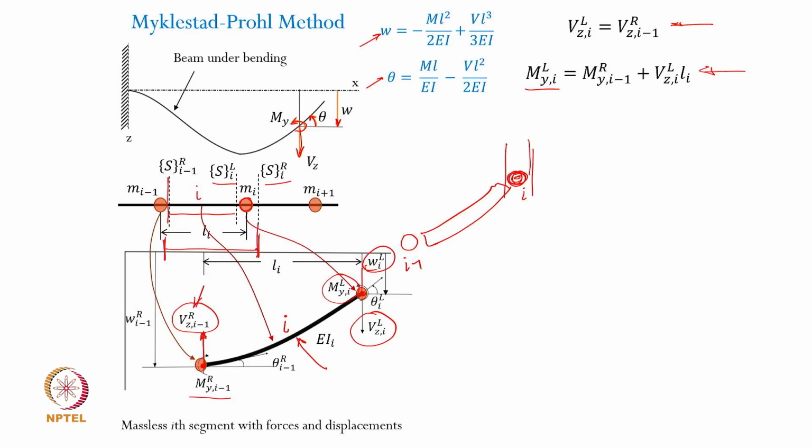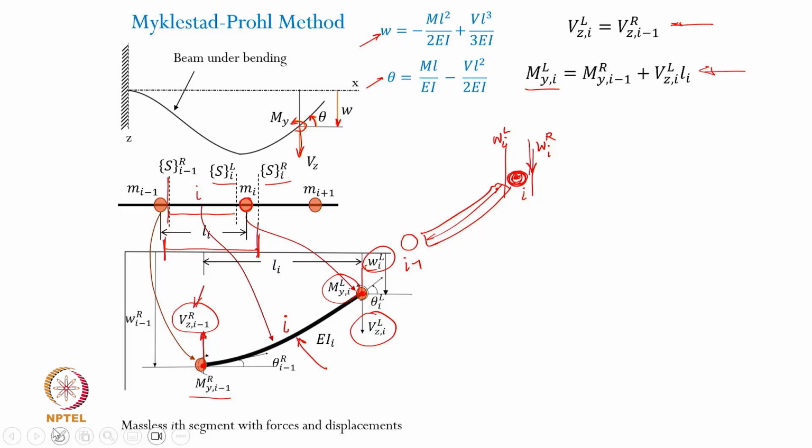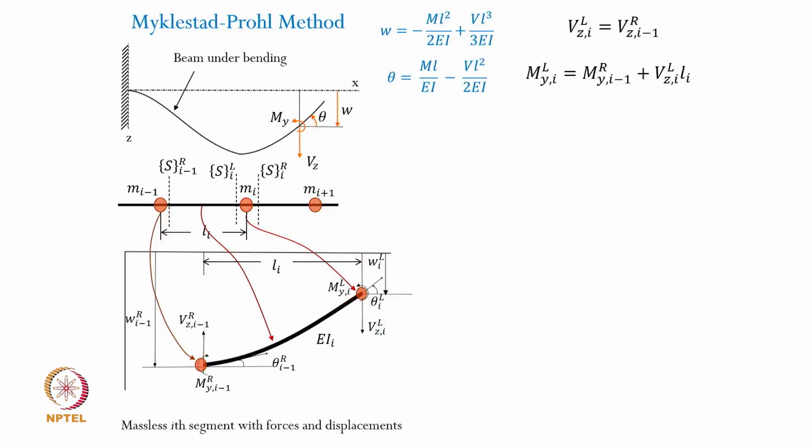It's a point mass here, lumping the entire mass distributed along the entire segment into a point mass here. So the vertical deflection Wi on the right side of the ith mass is going to be equal to the deflection on the left of the ith mass, because it's a point mass. The deflection just on the right and just on the left is going to be the same. There is no slope, there is no deflection across these two state vectors, right. So this is the assumption that we have.